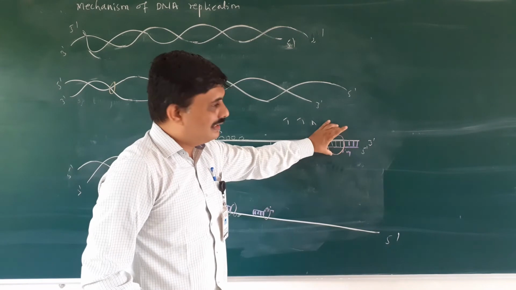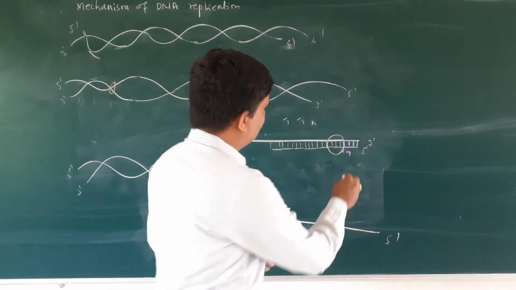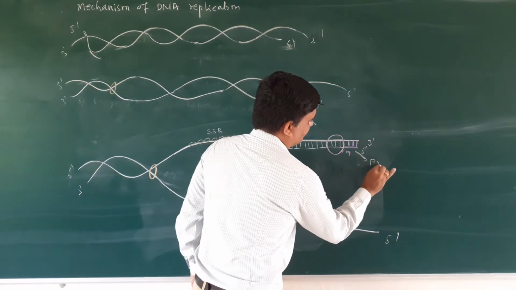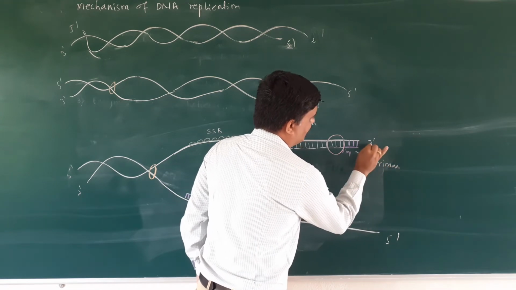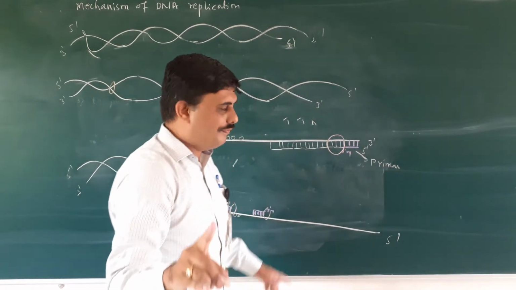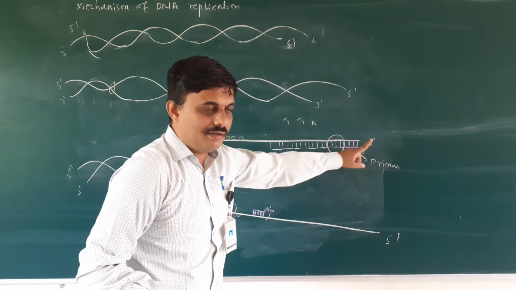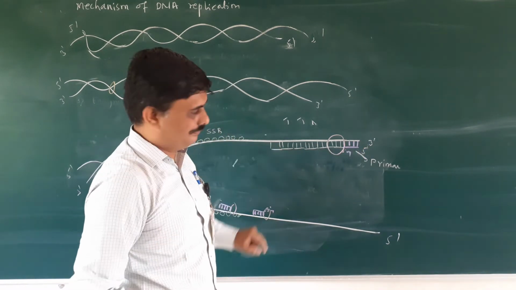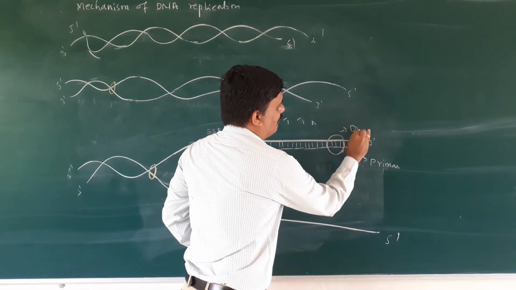This is the primer attached to the 3 prime end of the parent strand. This is DNA polymerase 3.